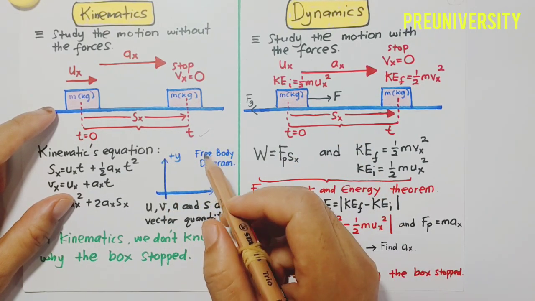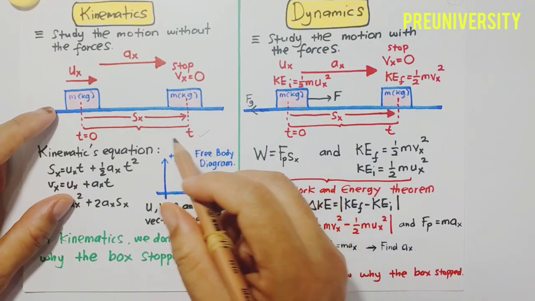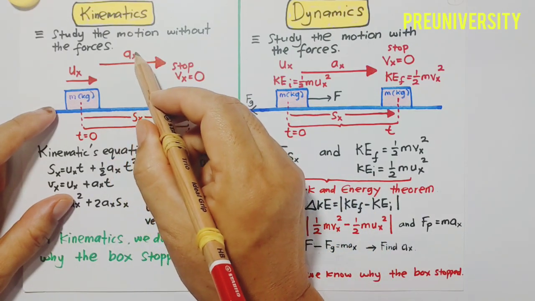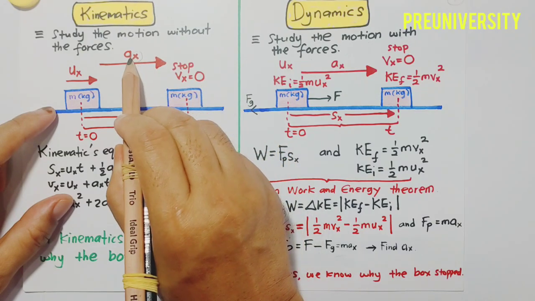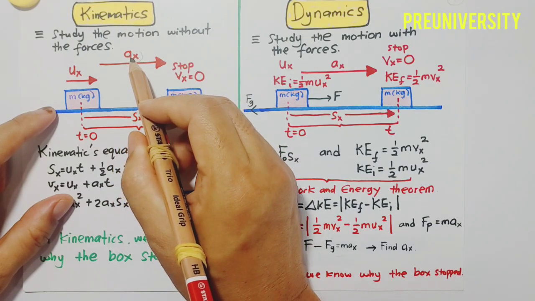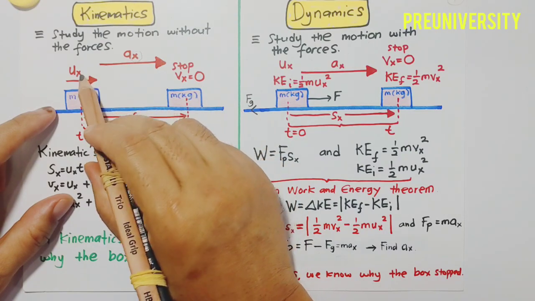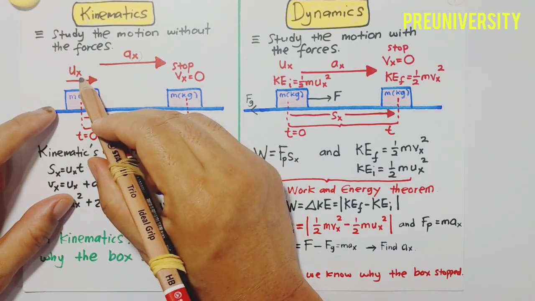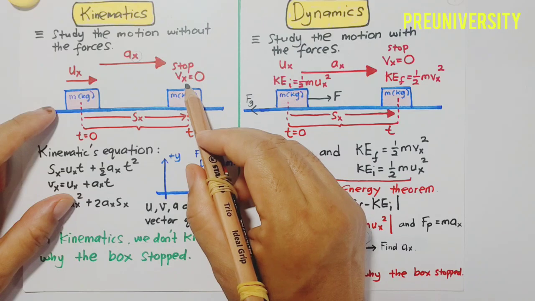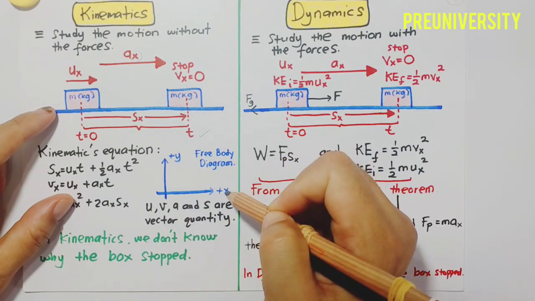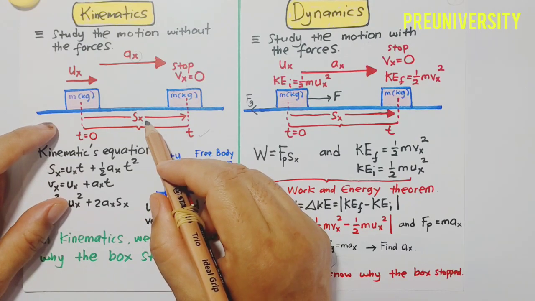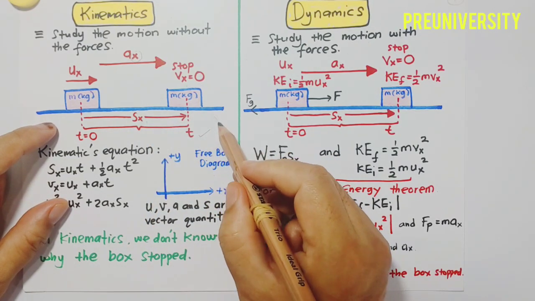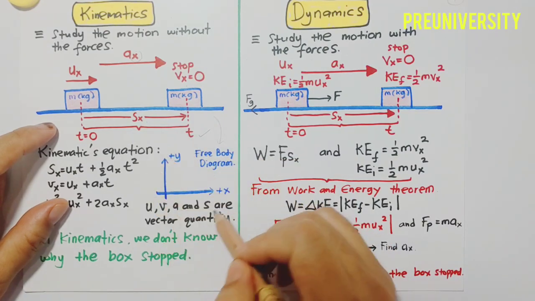Because it is linear motion along the x-axis, we have to write all the quantities with x: acceleration ax, initial velocity ux, and final velocity vx, all referred to the x-axis.